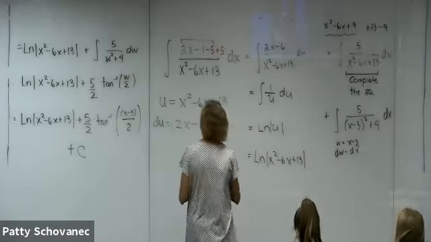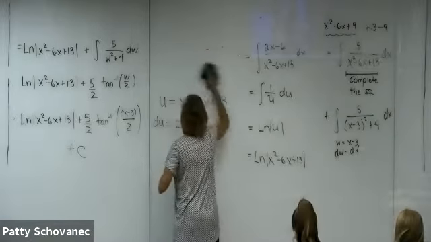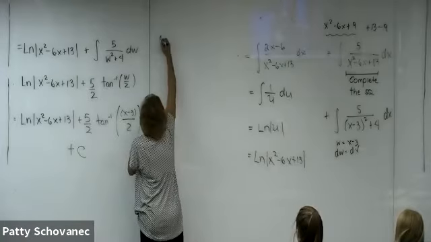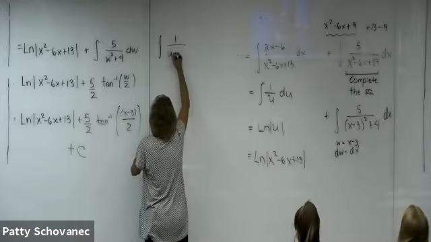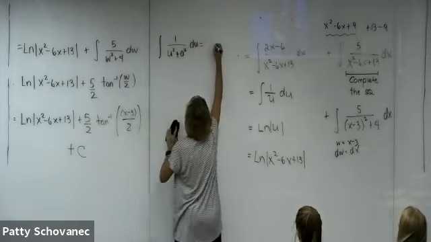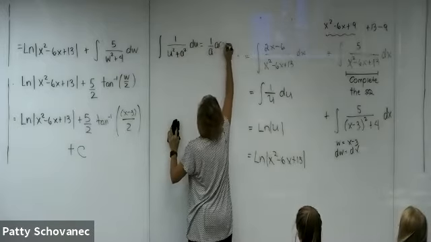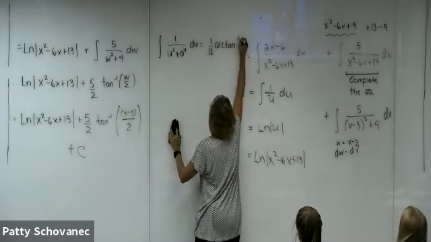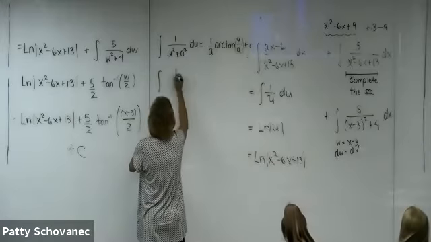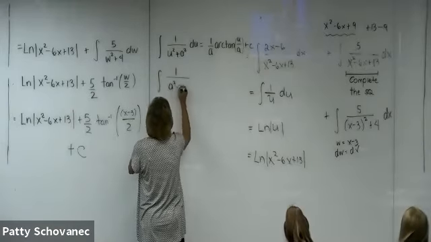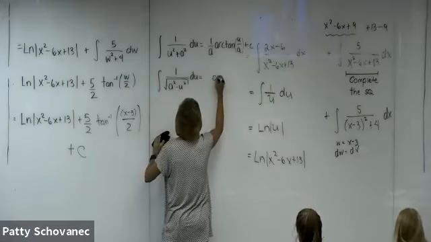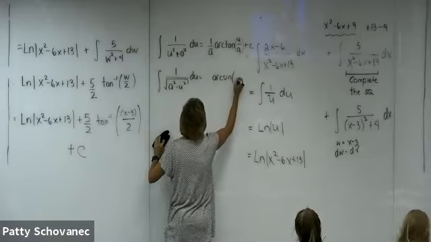We had these general forms. The one I'm using here is 1 over u squared plus a squared, which is 1 over a arctangent, or inverse tangent, of u over a plus c. If I have square root signs, and if the u is behind the minus sign, that's an inverse sine of u over a.